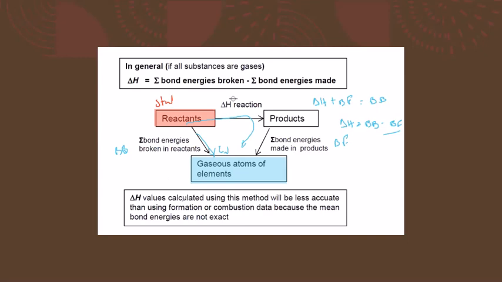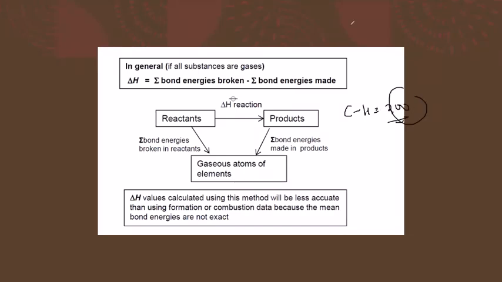But the delta H value calculated using this method is less accurate. What is the reason why this method is not accurate? Unlike using formation and combustion data, the mean bond energies are not exact. Like I mentioned in the beginning, if we say the mean bond energy for a CH bond is 200 kilojoules per mole, because it's a bond break and endothermic, energy is required to break the bond, so 200.